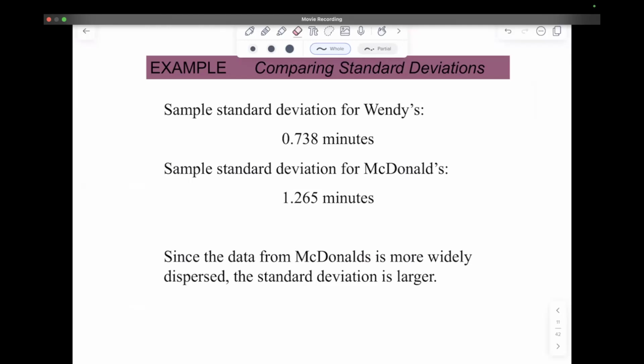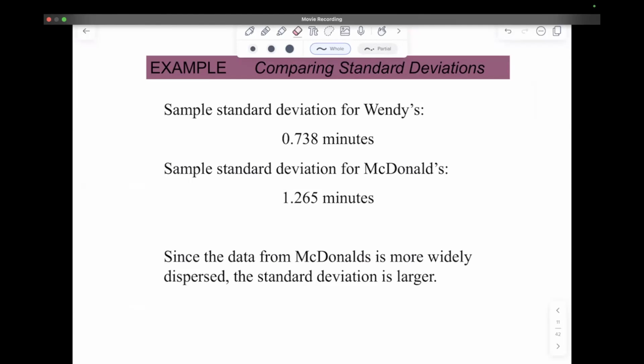This doesn't tell us which one has longer wait times. It just tells us which one is more consistent, which one stays closer to the mean. So Wendy's looks more consistent. Even if their wait times are longer, you can probably predict a little bit more accurately what your wait time would be at Wendy's rather than at McDonald's.